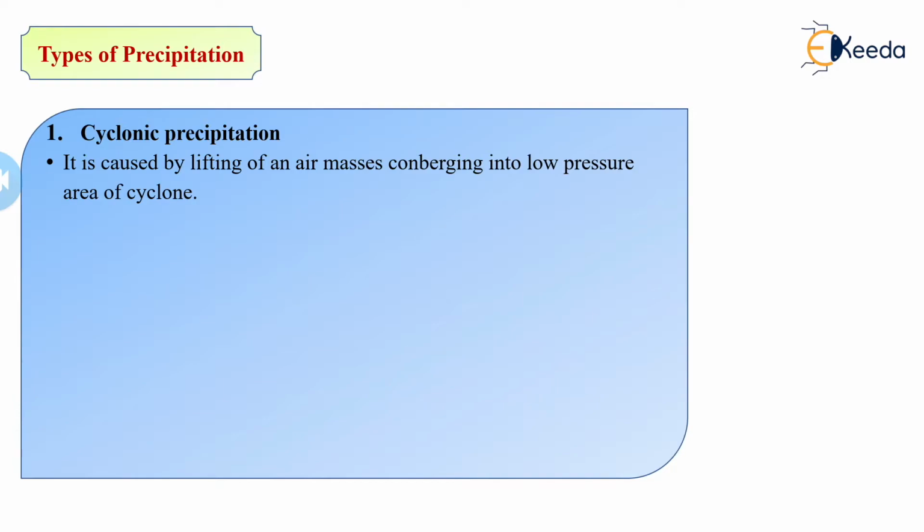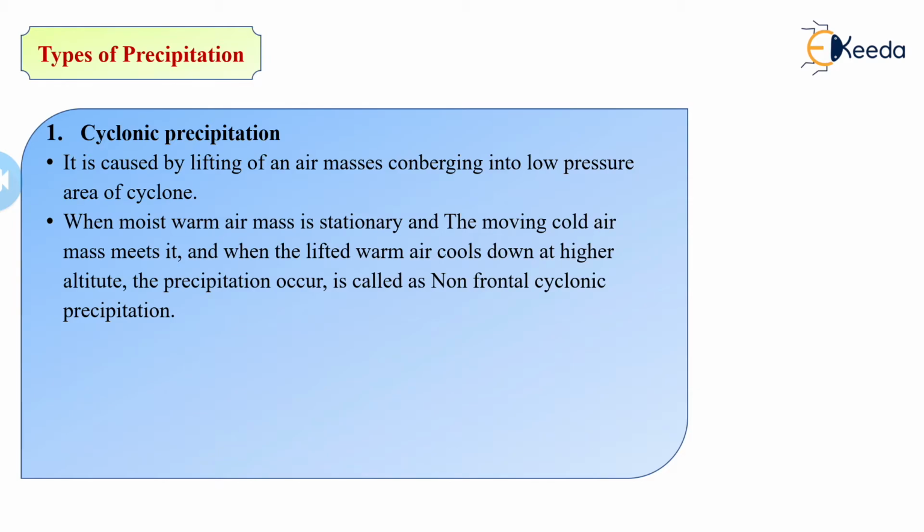So what does non-frontal mean? We have two types of air masses: in the hotter area we have a warmer air mass, and in a colder region we have a colder air mass.